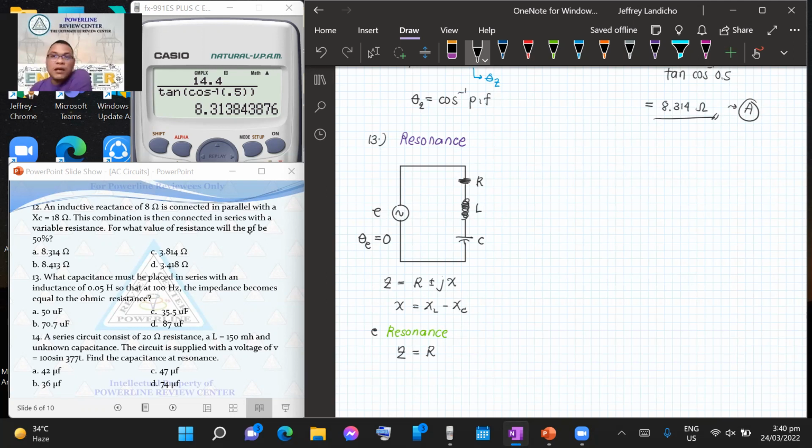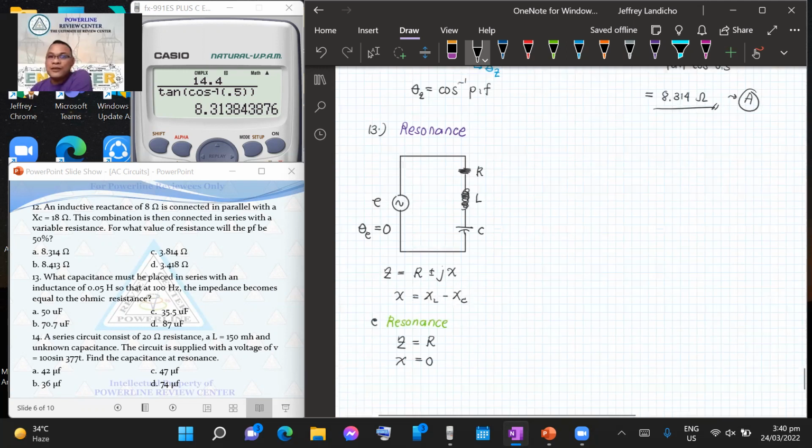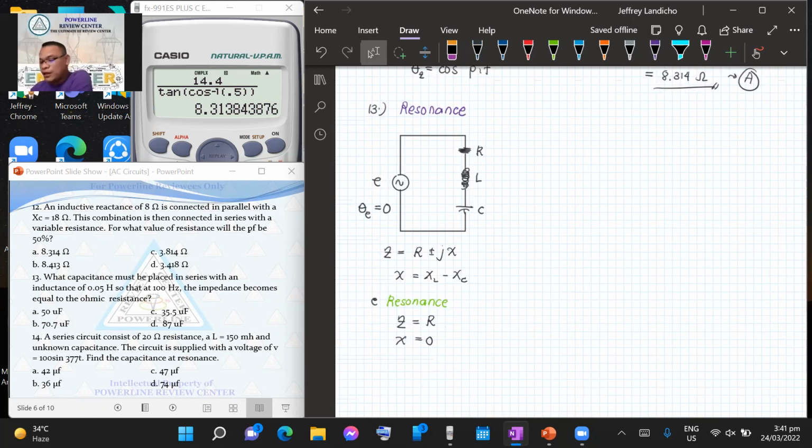So ibig sabihin, para yung impedance natin will become equal to the resistance of the circuit for series RLC, dapat yung ating net reactance is what? Zero. So, kailan magsisiro yung net reactance? Net reactance is zero kapag ang value ng ating inductive reactance is equal kanino? Capacitive reactance. Kailan ba sila mag-i-equal?